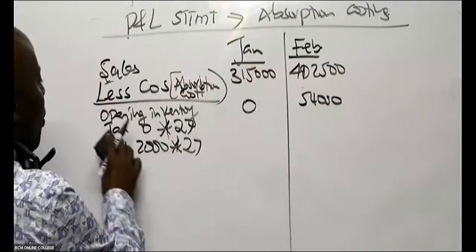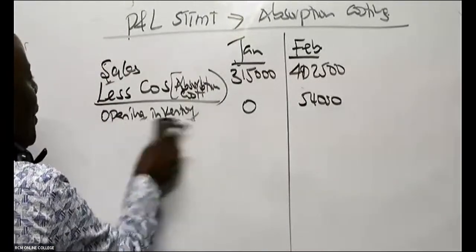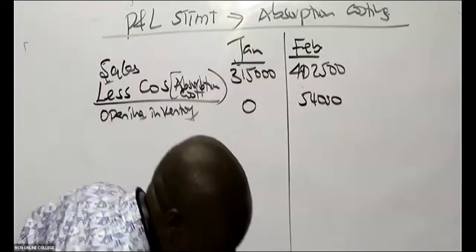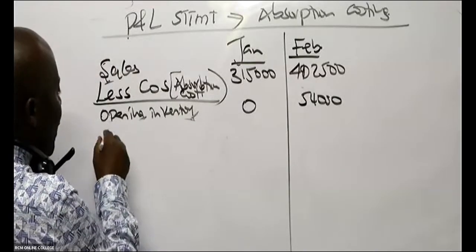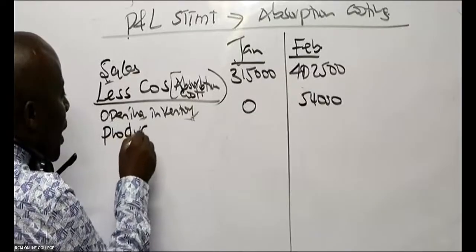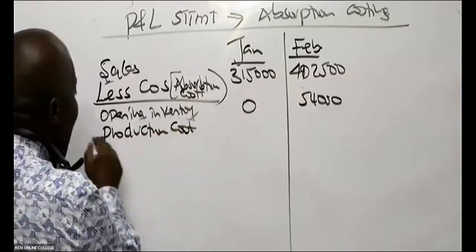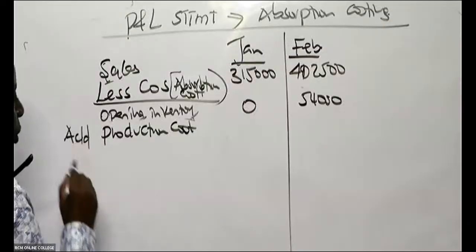Now, ladies and gentlemen, after opening inventory, the next one is production. So you add production cost.